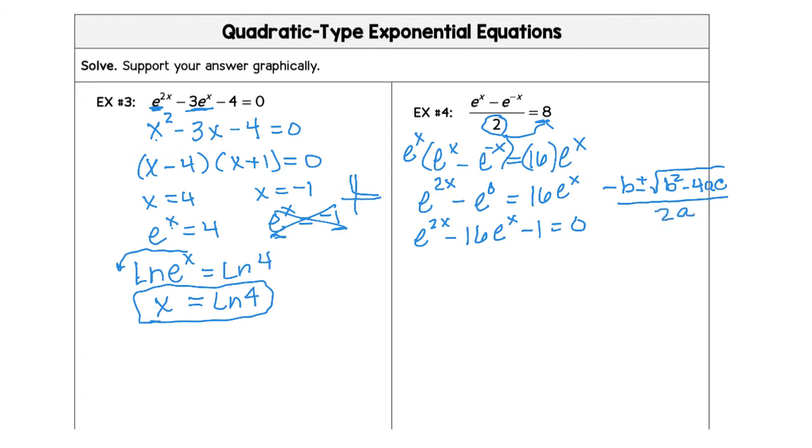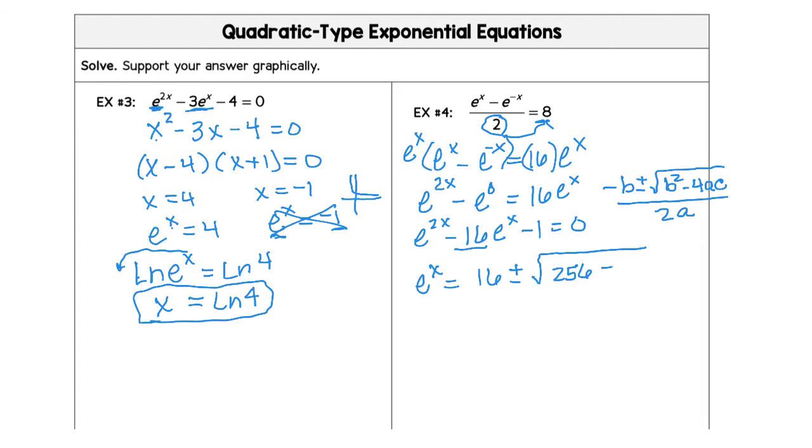Okay, so we're going to say e to the x equals, so we're going to have 16, because it's negative b, but 16 is negative, so it's going to be 16 plus or minus the square root, b squared, so that's going to be 256, minus 4 times a times c.